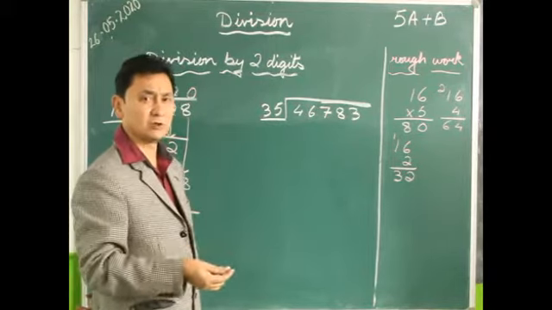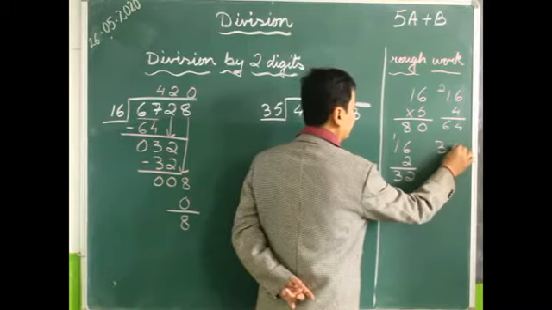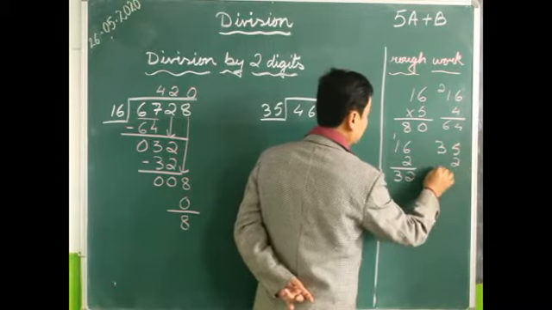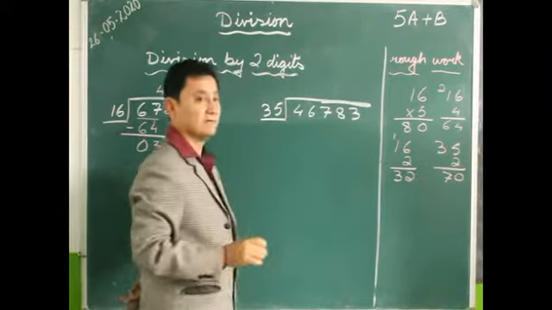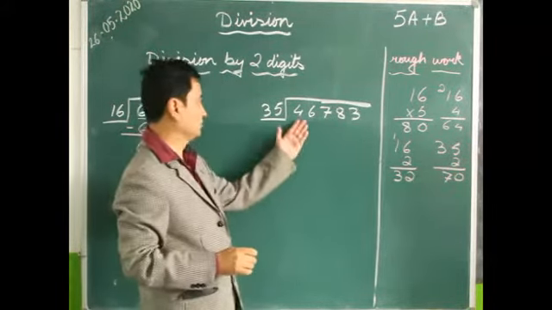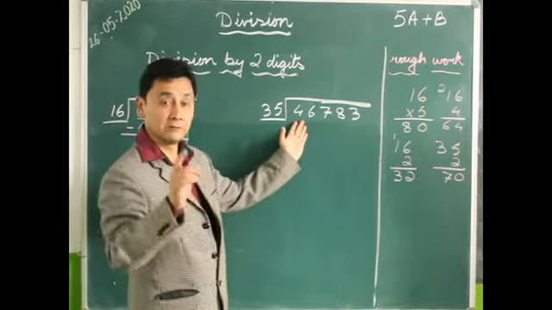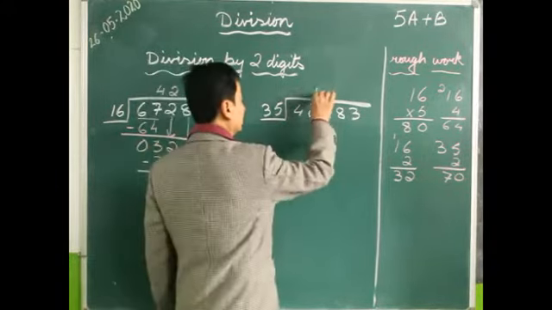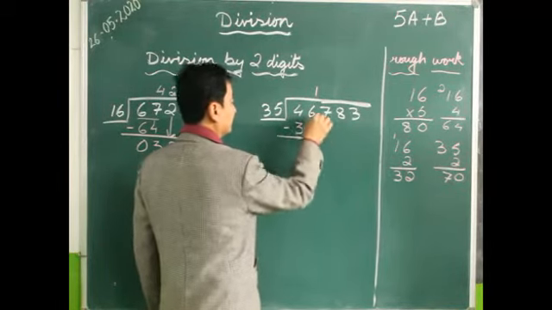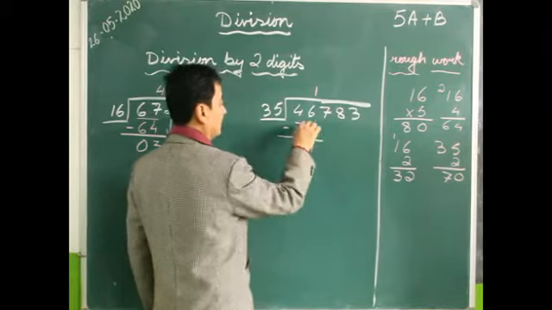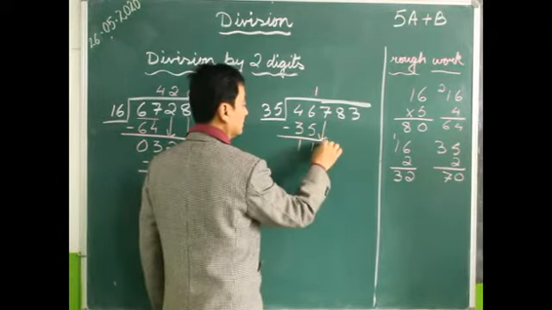But just to make sure, let us do it 2 times. 35 2s are 70. So 70 is a very big number, so we shouldn't put it here. So how many times will it go? 35, good. Ones are 35. 6 minus 5, 1. 4 minus 3, 1. Bring down 7.